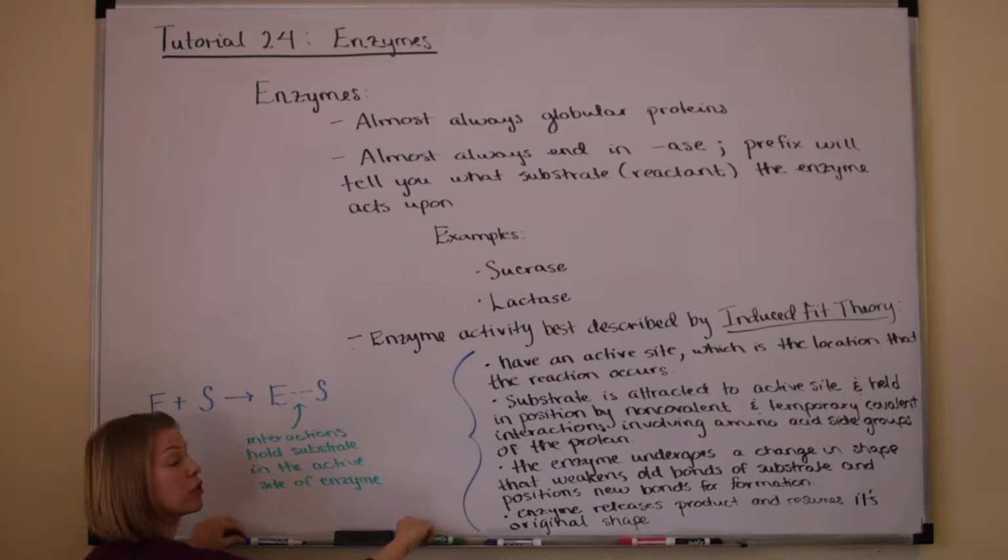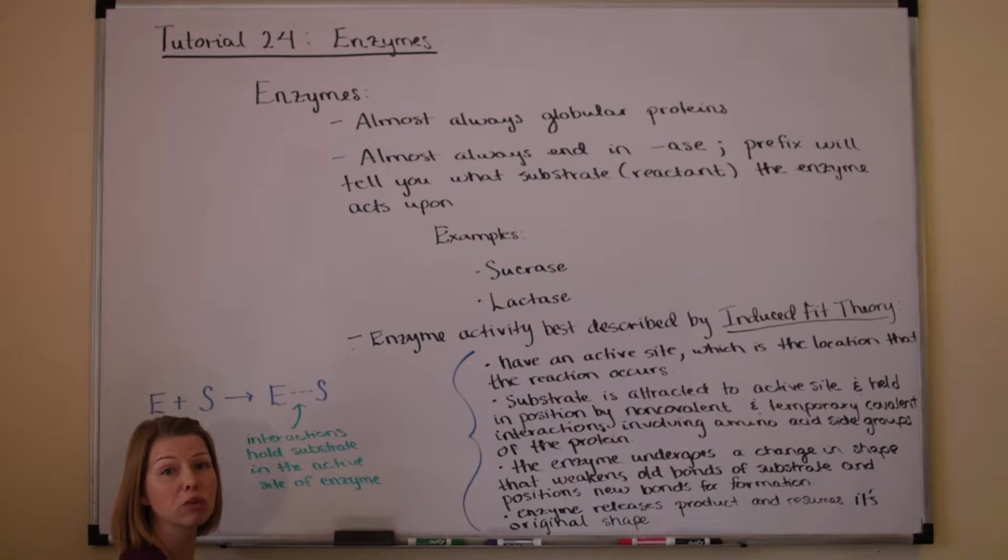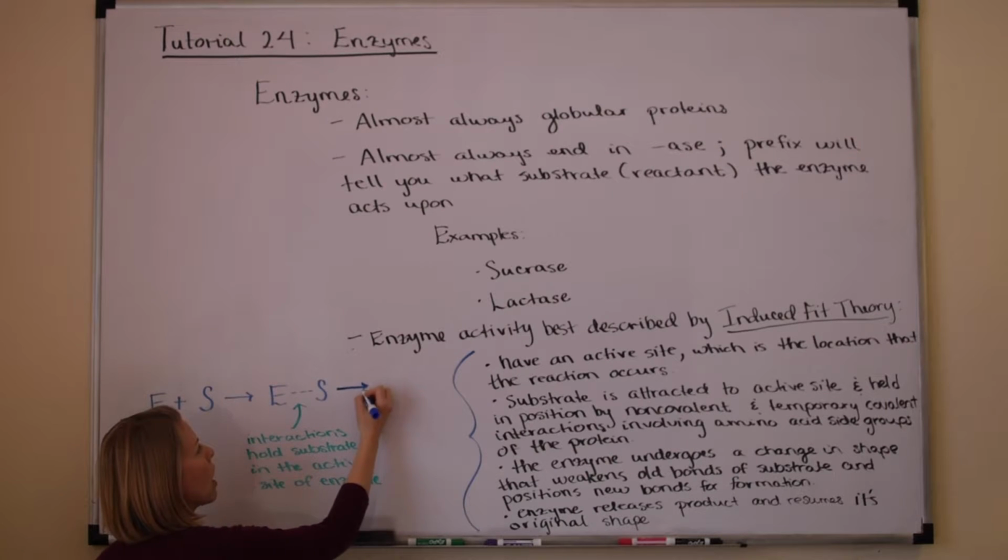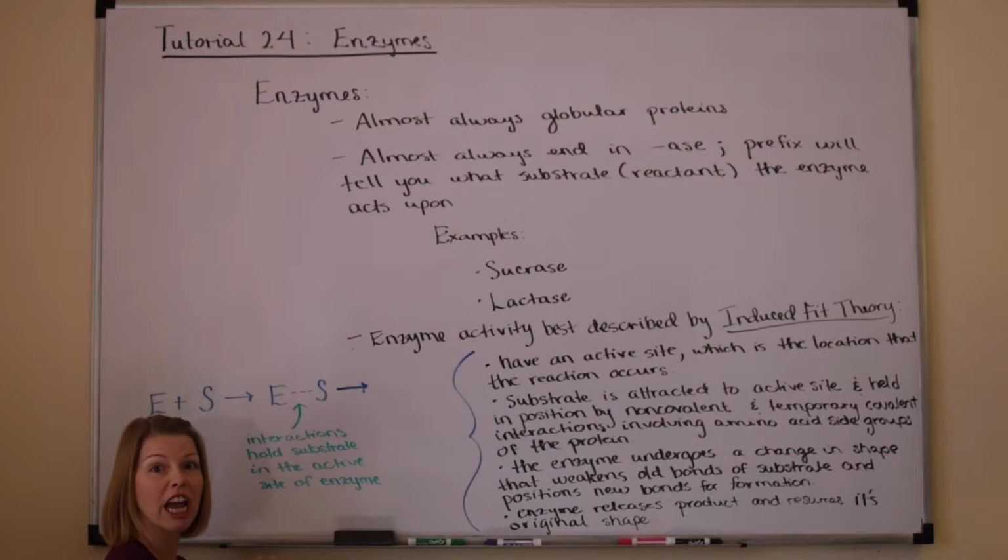And again, those interactions can be non-covalent interactions with the amino acid side groups, and they can also be temporary covalent interactions with those side groups. The enzyme undergoes its structural change, and that substrate is locked in that active site. So it gets stretched, it gets manipulated. Old bonds get weakened so that new bonds can form more readily.